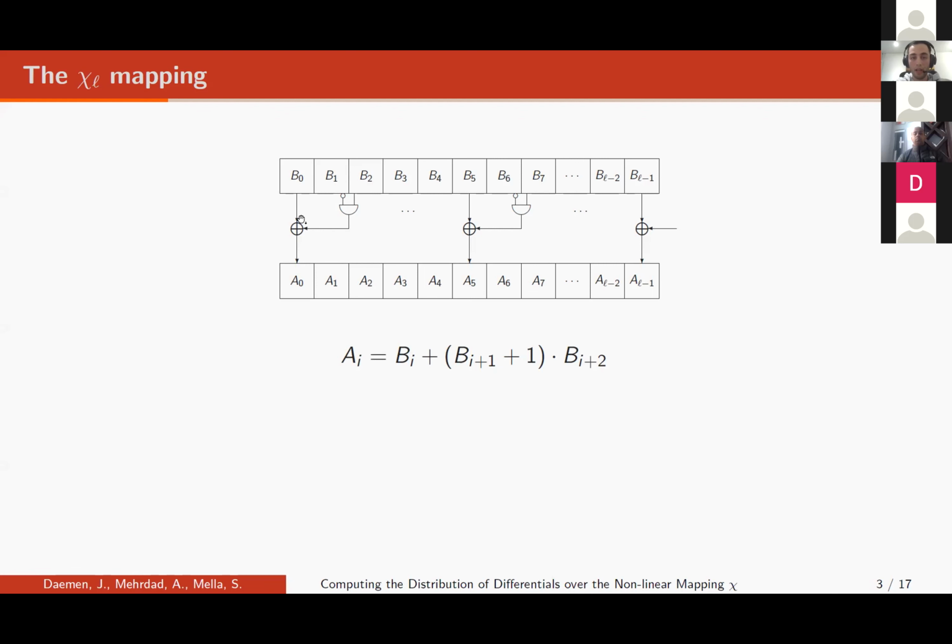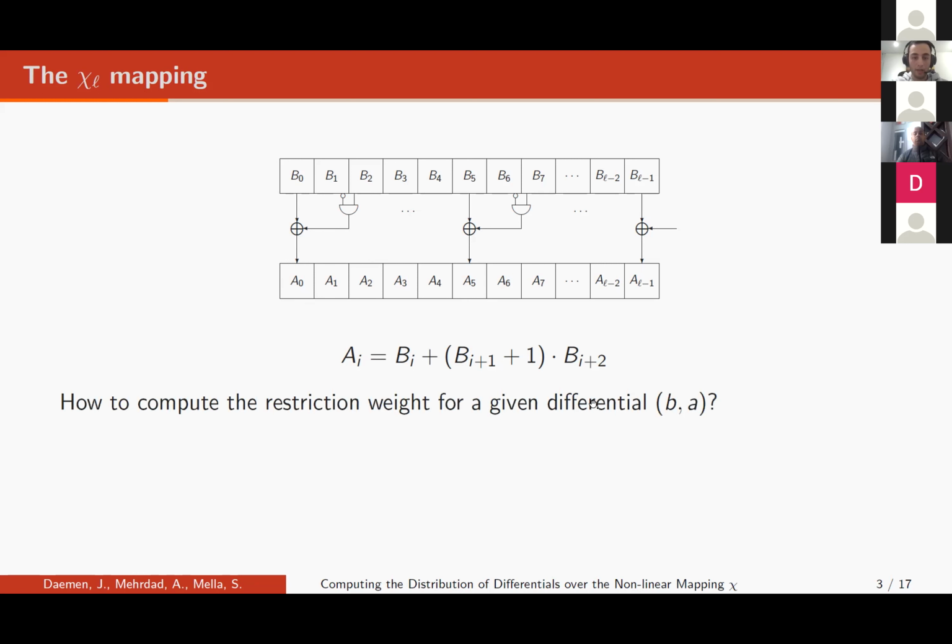You first compute the NOT of b(i+1), and then AND it with b(i+2). So like here, you compute the NOT of b1 and AND it with b2, and then XOR it with b0, and it gives you 1 bit of the output. This is how this function chi_L works.